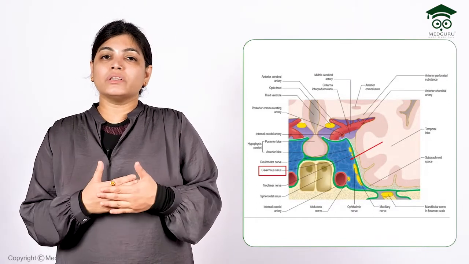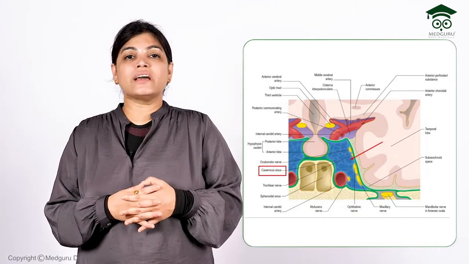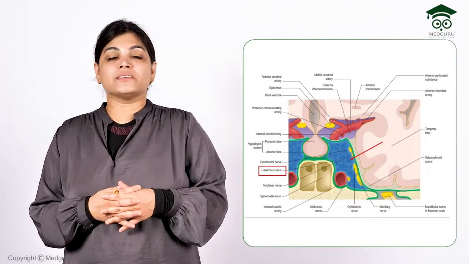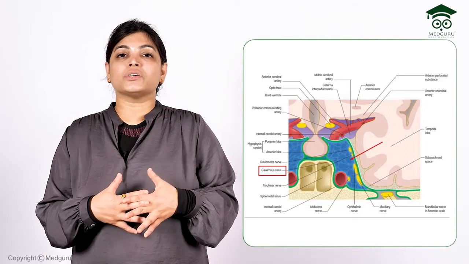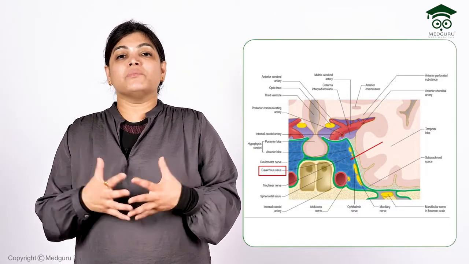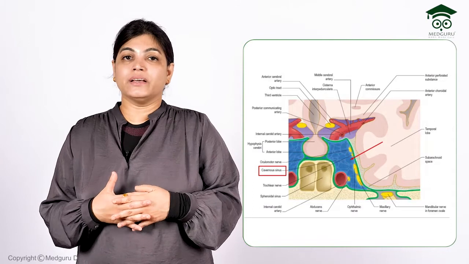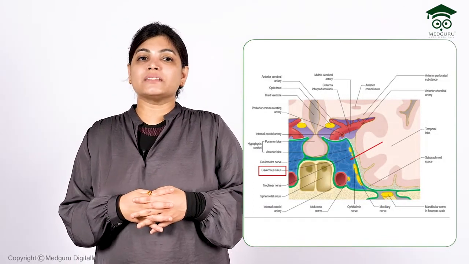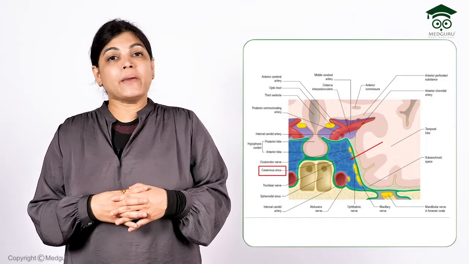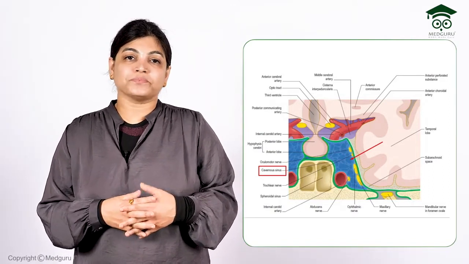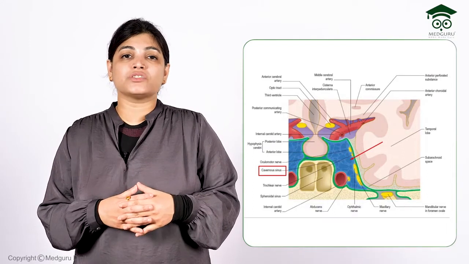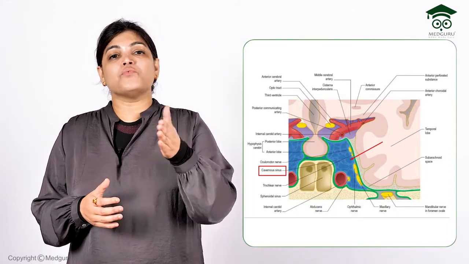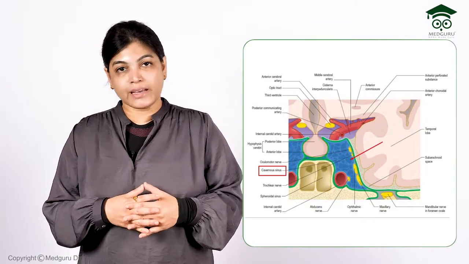Also, we know that in the lateral wall there is the ophthalmic division of the trigeminal nerve. So there will be severe forehead pain in the case of cavernous sinus thrombosis. Now the other applied aspect is that sometimes the base of the skull is fractured. If the base of the skull is fractured, the cavernous sinus forms a communication with the internal carotid artery.